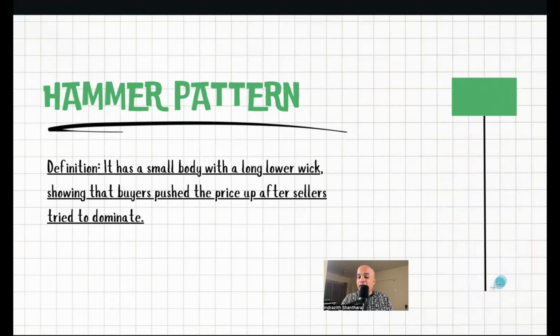However, there are buyers who are interested to buy at this level, and they bought more compared to the sellers, which means the buying pressure is very, very high compared to the selling pressure. Because of their buying, price came back to this level. In fact, it closed above that level. Okay, so this is the logic of the hammer pattern.